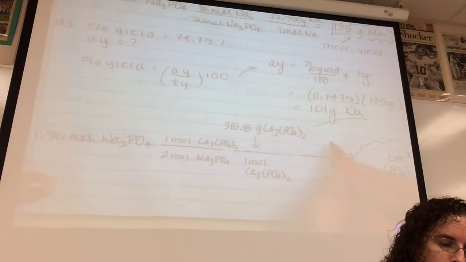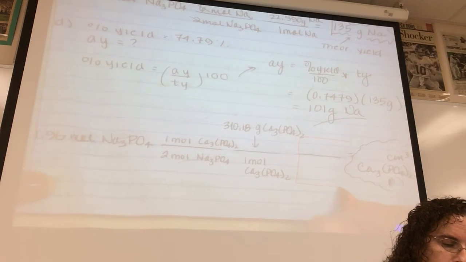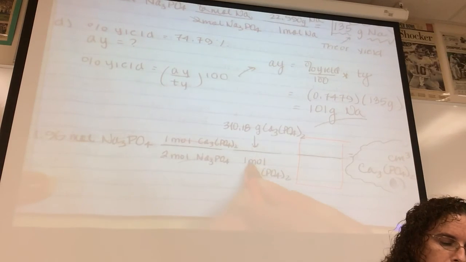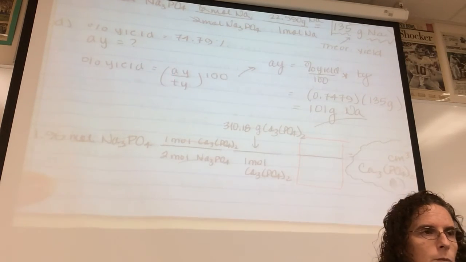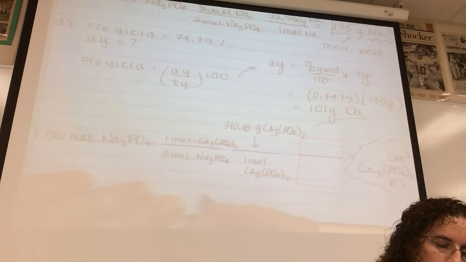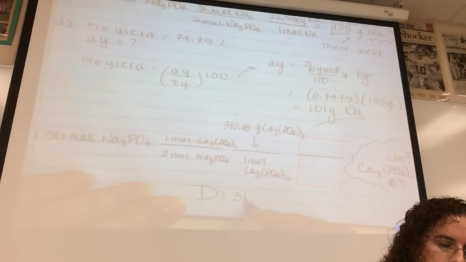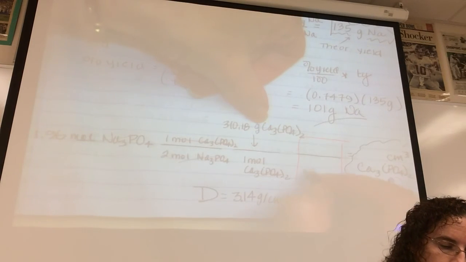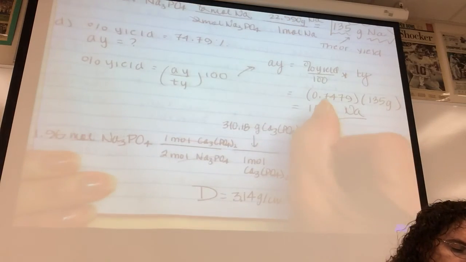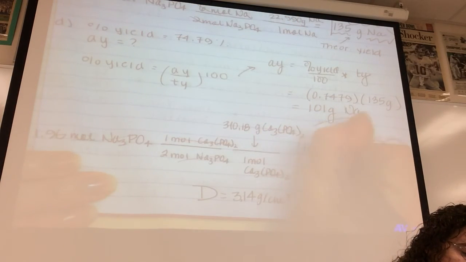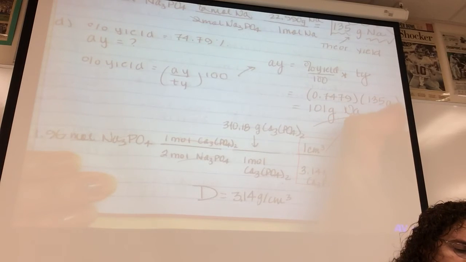And then this piece you already know how to do, but you may not be remembering. How are we going to go from the mass of the calcium phosphate to the volume? Density. So we know the density of the substance is 3.14 grams per cubic centimeter. So if grams are here, the 3.14 grams of the substance go in the denominator, and 1 cubic centimeter of the substance goes here.